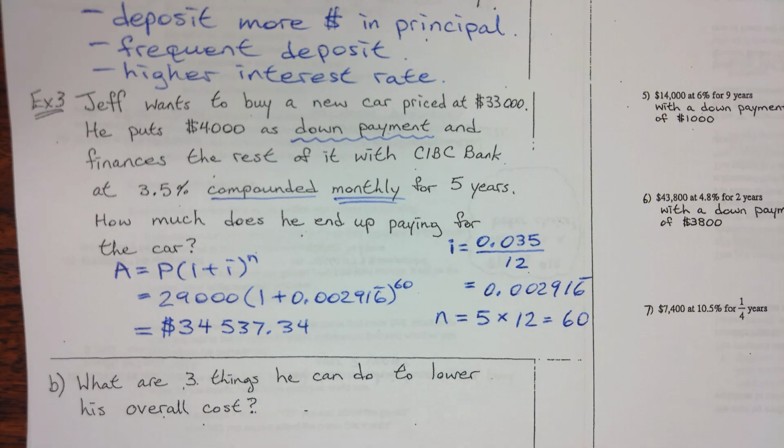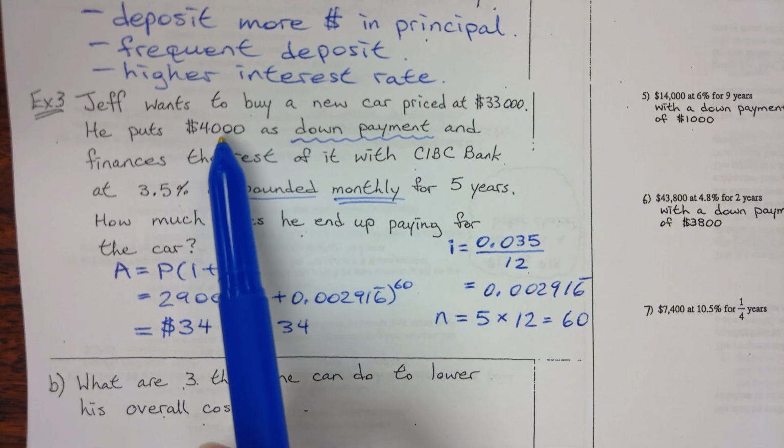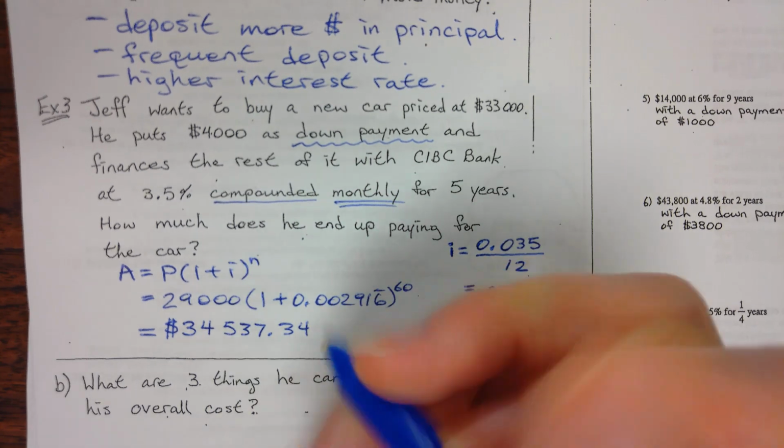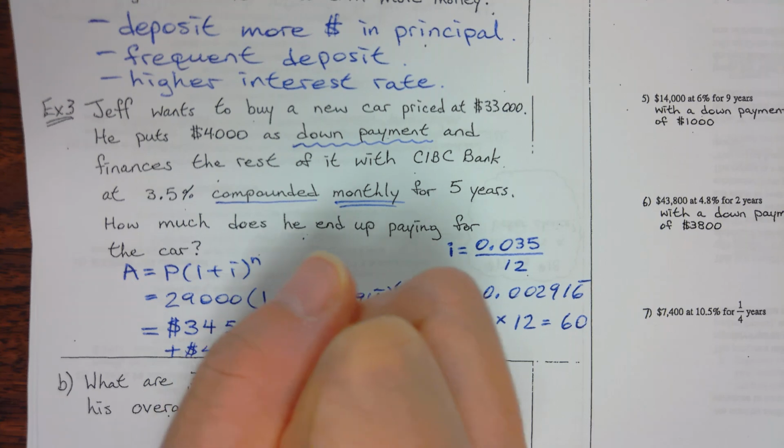No. Armin, what do you think? With the principal of 29,000. Yeah. So what did you pay upfront? I paid $4,000 upfront. So I actually have to add back that $4,000.